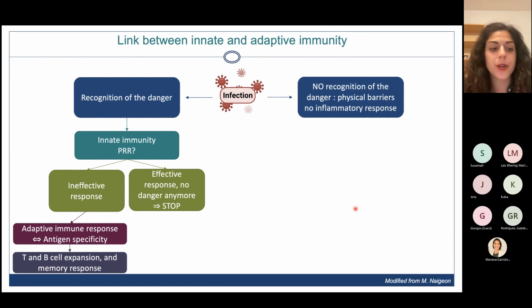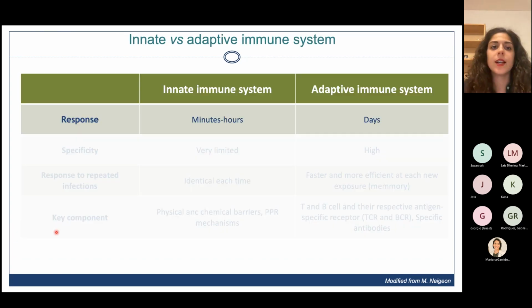And also, this kind of adaptive response will lead to the expansion of these T cells and B cells, and also a memory response. So basically, how does the innate versus adaptive immune system work? So as I said, the innate immune system acts really fast.